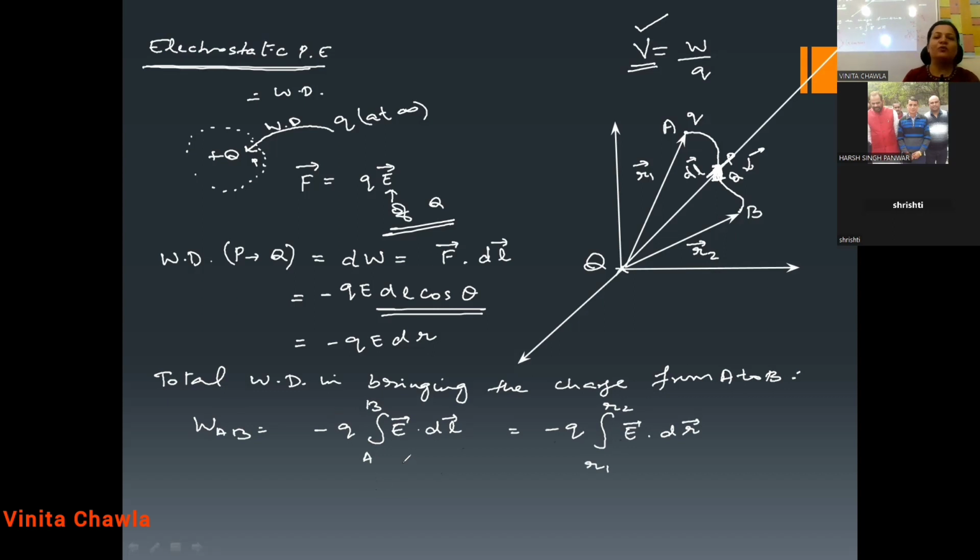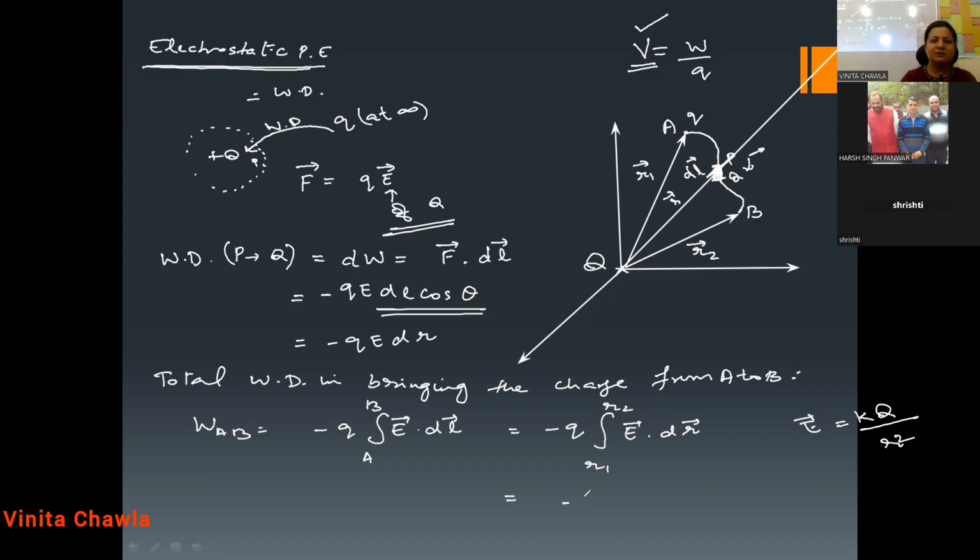Now what is E? How do we write E? E is the electric field of the given charge. So E is nothing but KQ by R square. What is R? This is vector R, this position is vector R. बिल्कुल.